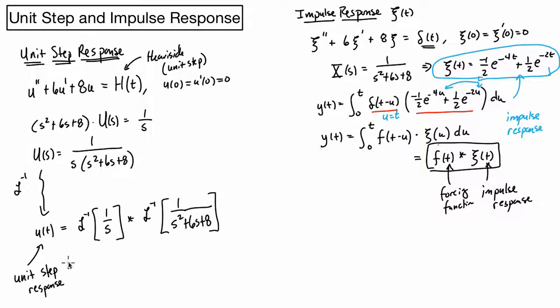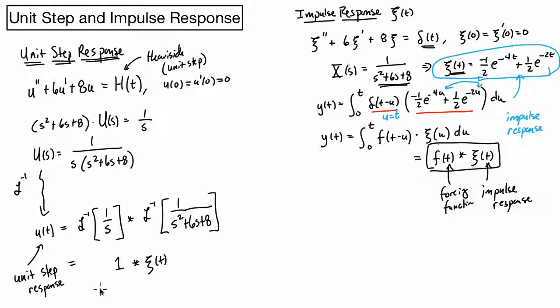Now, remind me, what is the inverse transform of 1 over s squared plus 6s plus 8? Well, we had it right here. It is the impulse response. So this term is xc of t, the impulse response, and the inverse transform of 1 over s from earlier in the semester was 1.